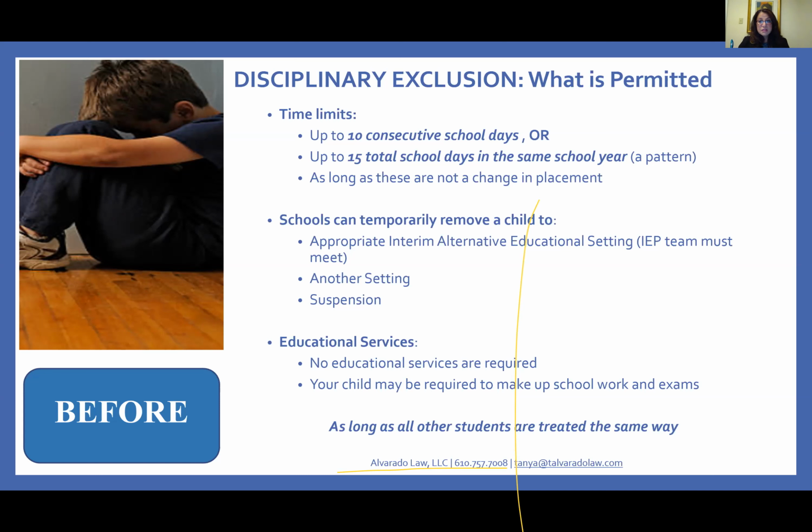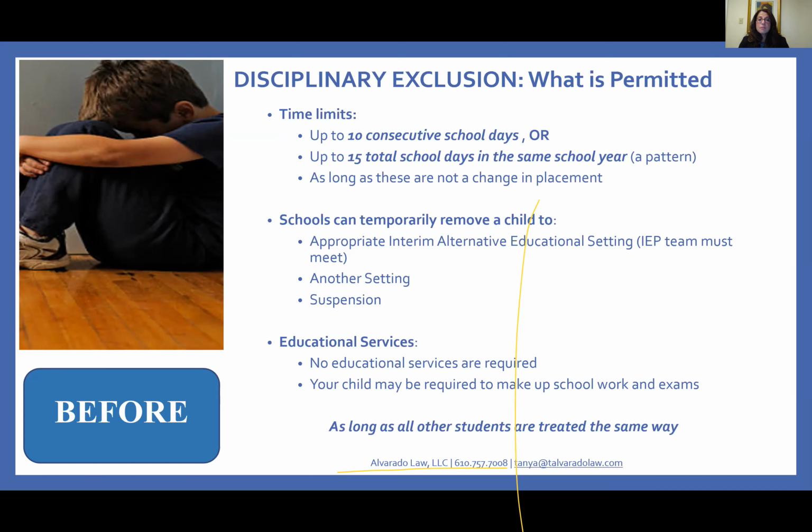On that 11th consecutive school day, those protections kick in. There's a lot of stuff that needs to happen. But if they're suspending you or putting you in a different setting, a placement in school, for 3 consecutive days, that's okay. 7, that's okay, before these protections start kicking in. At 10, they kick in.